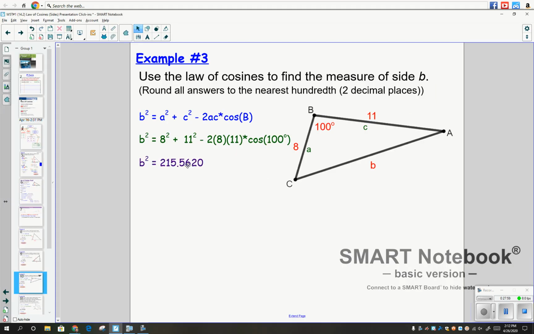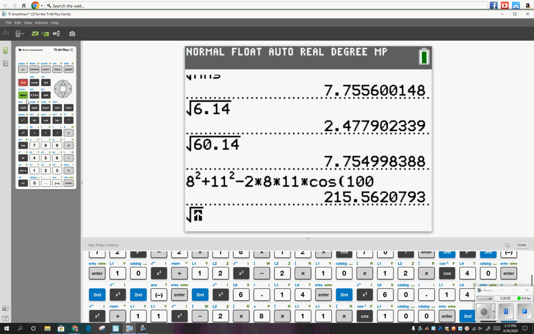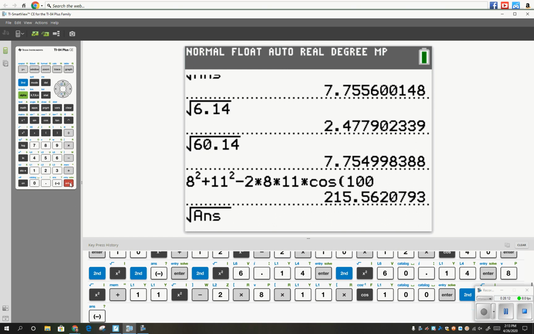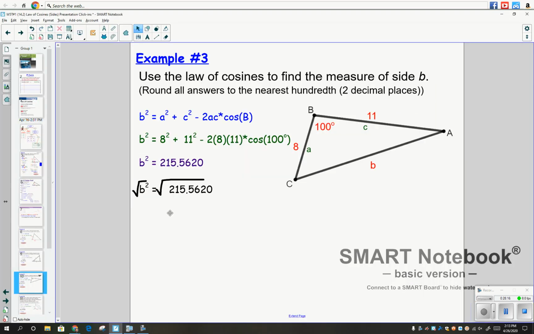How do I solve for B? Square root. I'm using the answer feature again, so it's the second negative key, which is ANS. 14.682. Round that to 2 decimal places, I get 14.68 as my answer.